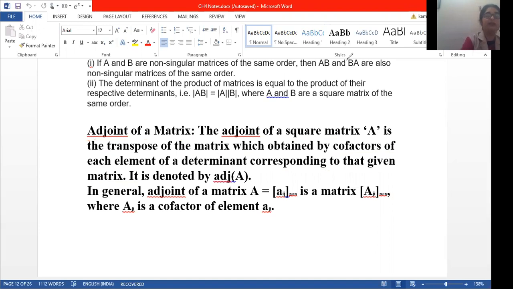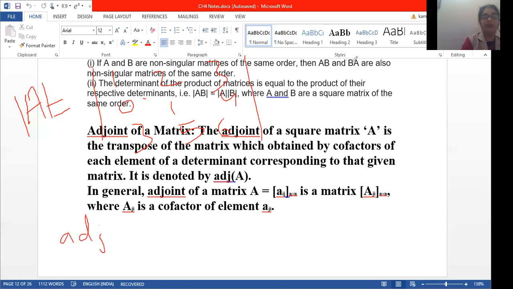Suppose we are talking about the determinant of A given by 1, 2, 3, 0, 1, 4, 3, 5, 6, any determinant you can take. Then your adjoint of A will be equal to what?